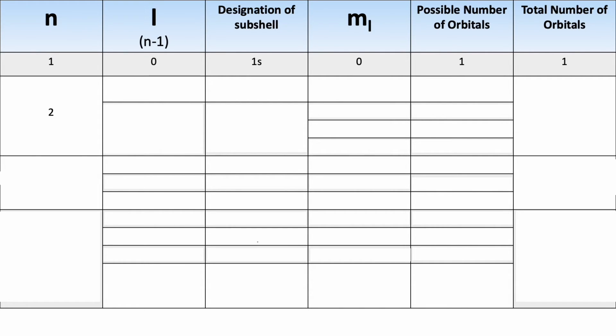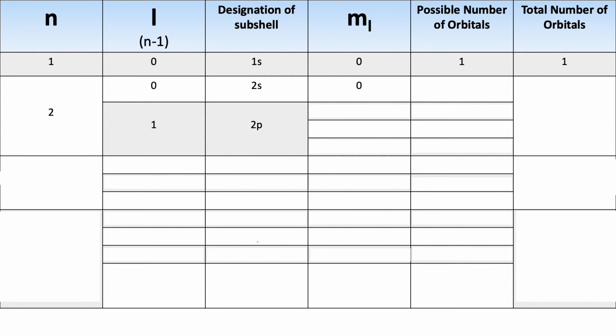Then, L can be from 0 to 2 minus 1, which is 1. There are two types of orbitals in the second energy level, 0 and 1. Orbital denoted as 0 is the s orbital, and we saw that earlier. 1 is the p orbital. For the 0 orbital or the s orbital, ml could be 0 as the previous one.